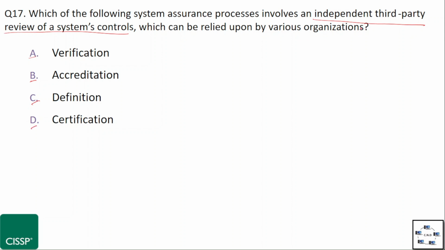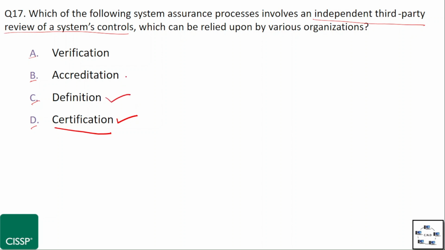So we are talking about the review by a third party. Certification is basically the review of controls, but it does not involve a review by a third party. It shows that controls are reliable, but it does not involve review from a third party.